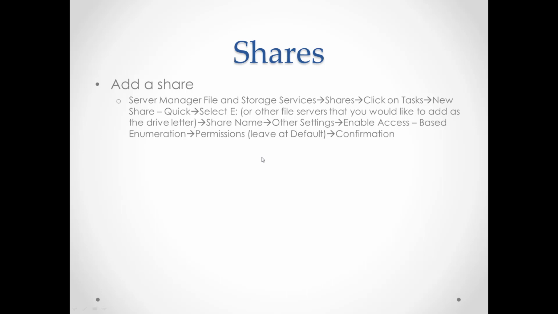To add a share, go to Server Manager, File and Storage Services, go to Shares, click on Tasks, go to New Share. We'll select Quick in our role, and then we'll select E for our purposes, which is a separate drive from the drive on the server.